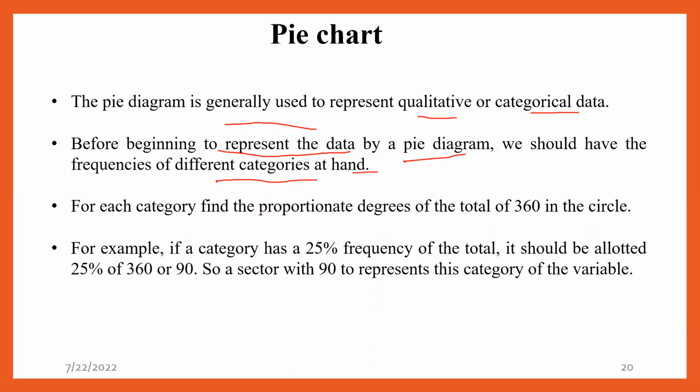For each category, find the proportionate degrees of the total of 360 in the circle. For example, if a category has 25% frequency of the total, it should be allotted 25% of 360, or 90 degrees. So a sector with 90 degrees represents this category of the variable.